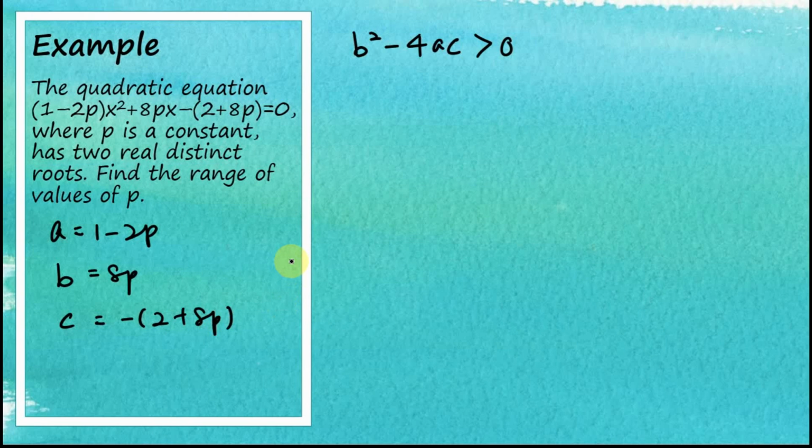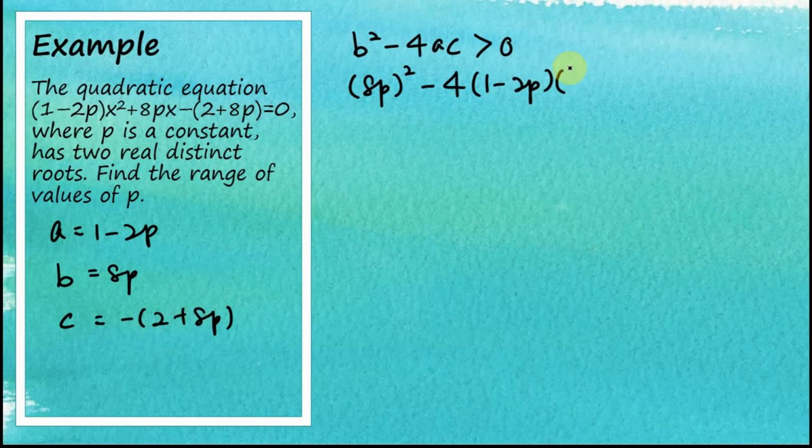Okay, let's plug in this a, b, c into this inequality. b is equal to 8p, so 8p squared minus 4, a is equal to 1 minus 2p, and c is equal to this.